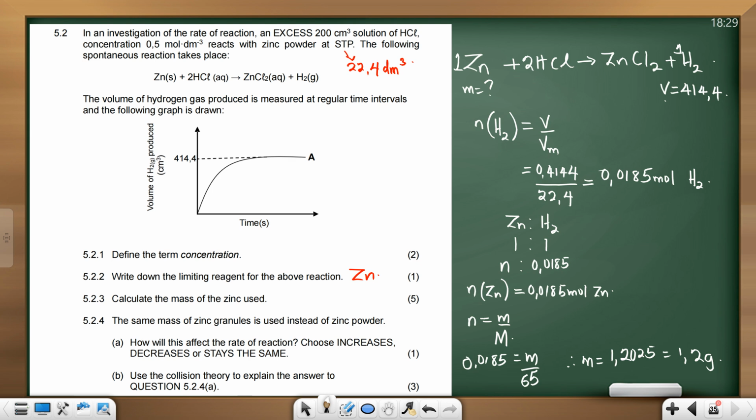Okay, are we good, everybody? The same mass of zinc granules is used instead of zinc powder. What is the difference between granules and powder? Which one has more surface area? Let's look at granules and powder. Your sugar is not powder. Your sugar is granules. Can I grind it further? Yes.